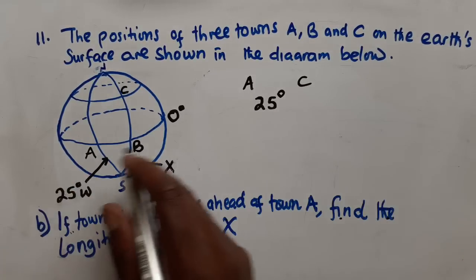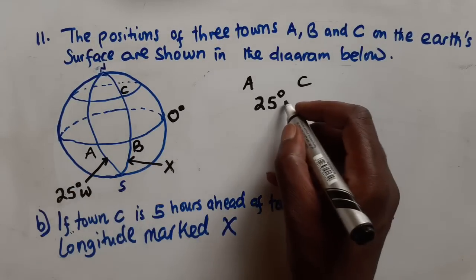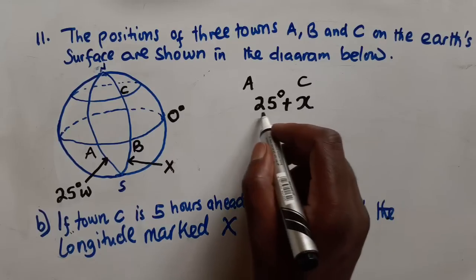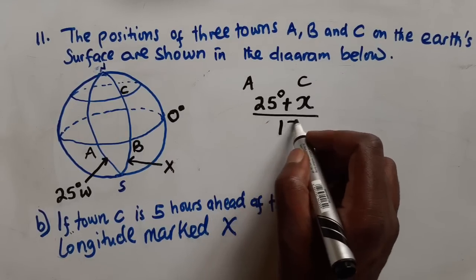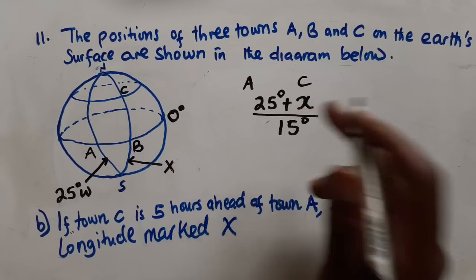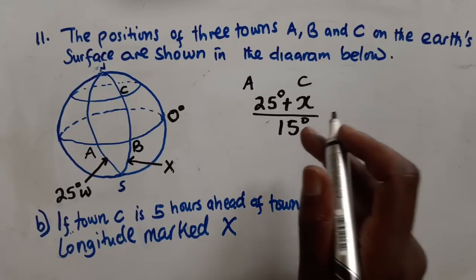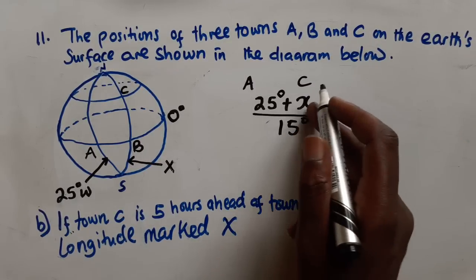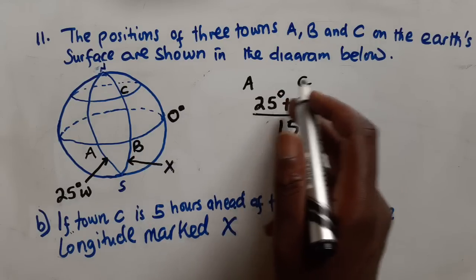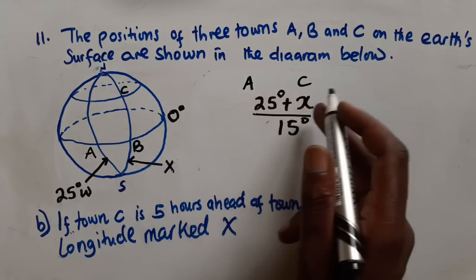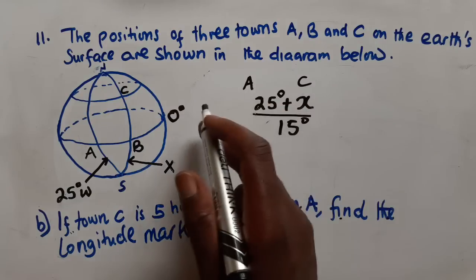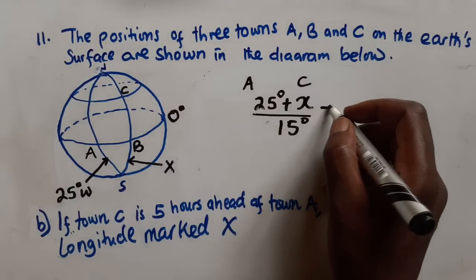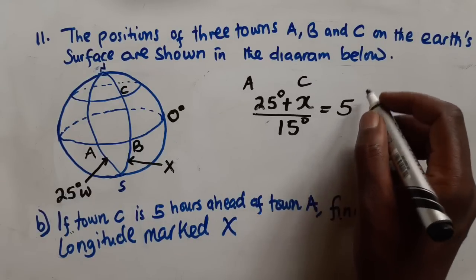So when these two places are on different sides, we add them, and then we divide by 15 degrees because after 15 degrees, we get 1 hour. And we're told that the degrees from these two places should give 5 hours.